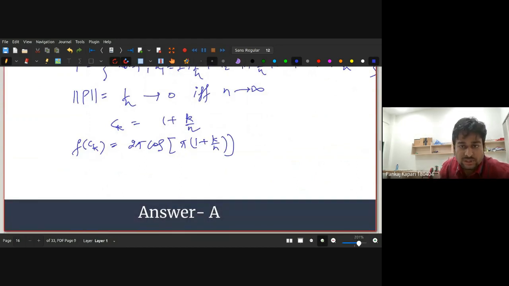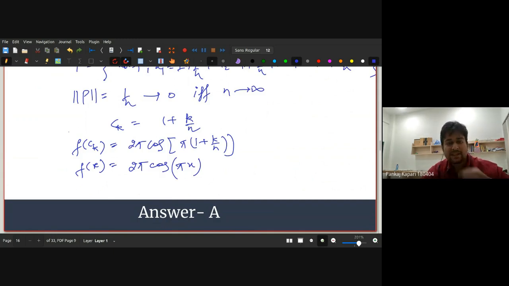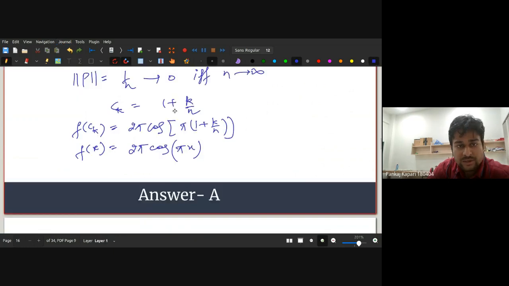So this gives us that we must be taking a Riemann sum of this function f of x, which is defined like this: 2 pi cos pi x. Now we can see that again this function is continuous and bounded, therefore it must be integrable.